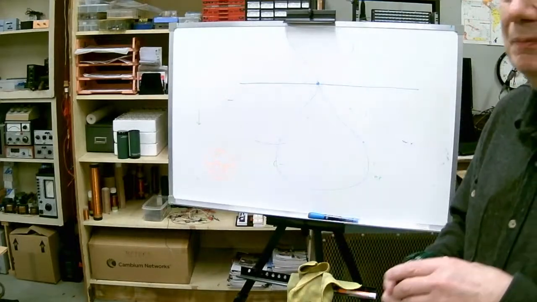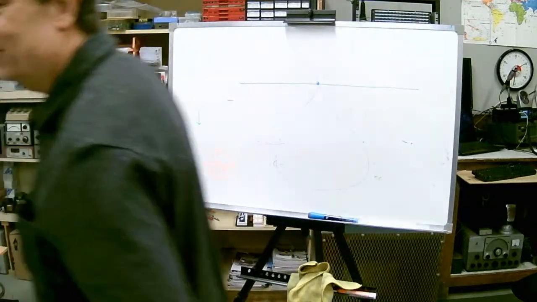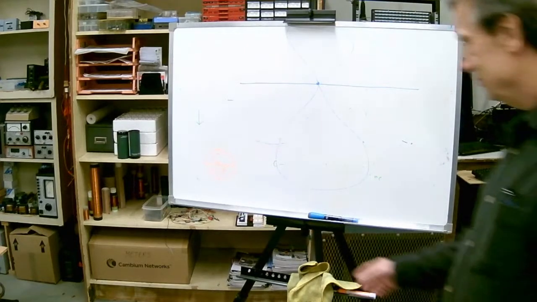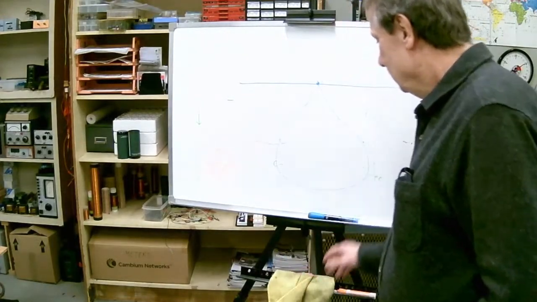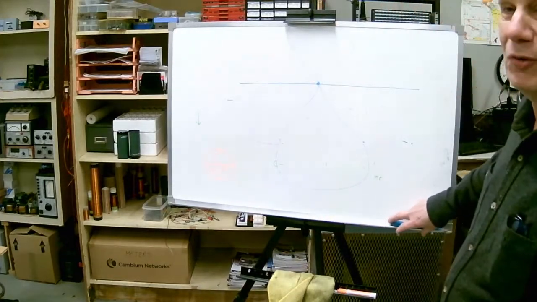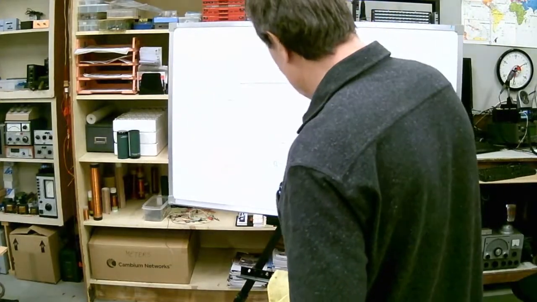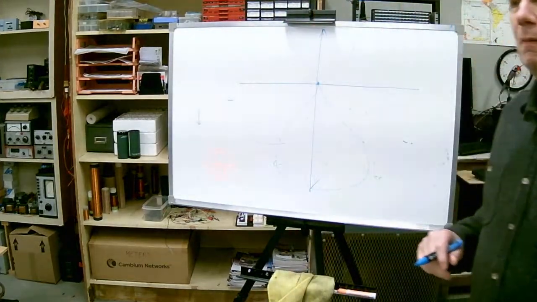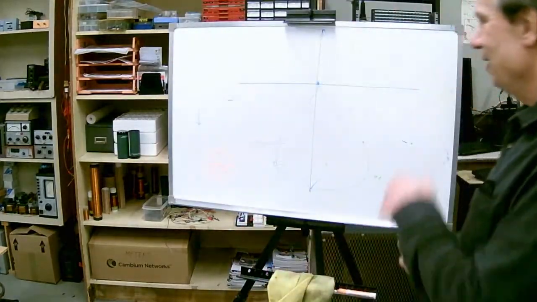So that's your fundamental dipole radiation pattern, and we work from there to modify it to get directional antennas and that sort of thing. Because it's radiating in a whole bunch of different directions, the most radiation is broadside to the antenna. As we get to longer antennas that are not resonant, we'll show what happens there.